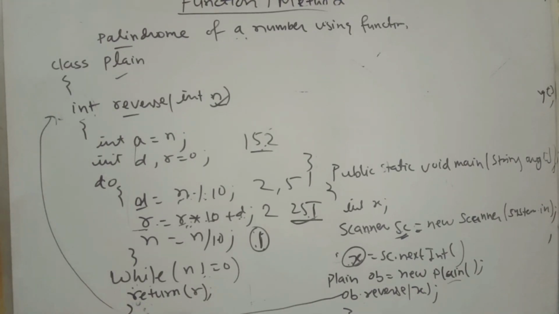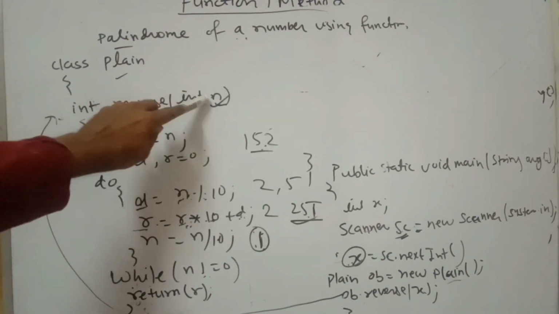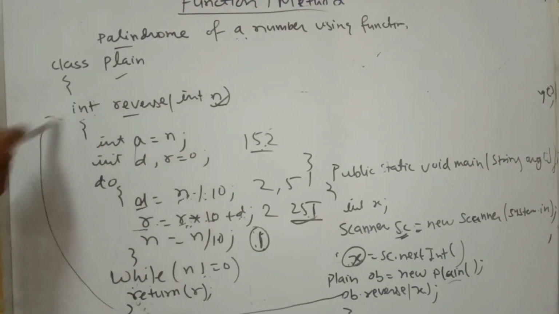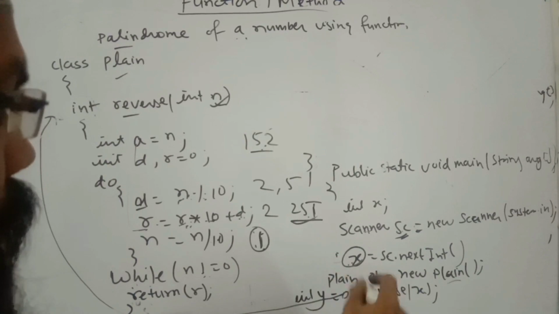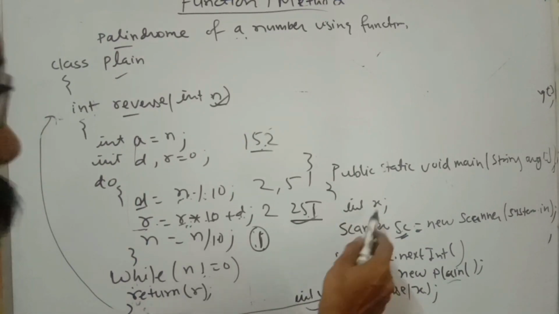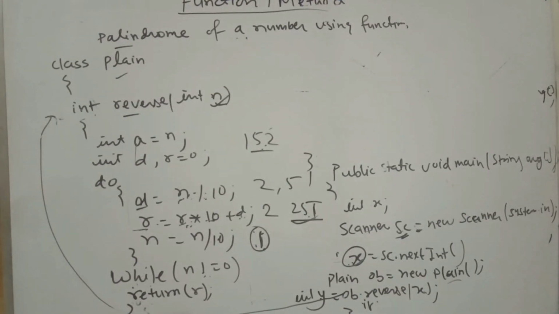Now this return r value, when called from here, the reverse value will come here. Now you store it in another variable, let int y. Now compare x with y. If x equal to y, then it is a palindrome, otherwise it is not a palindrome. So using the return and non-return type of function is done.